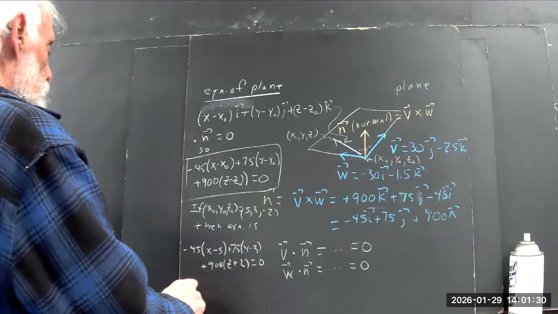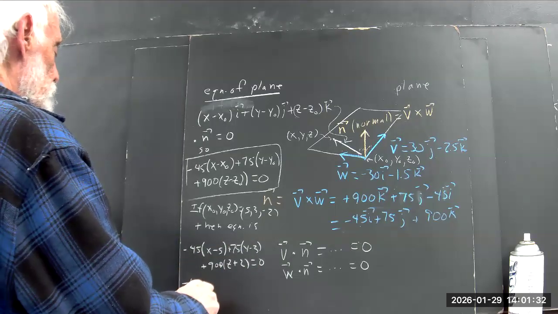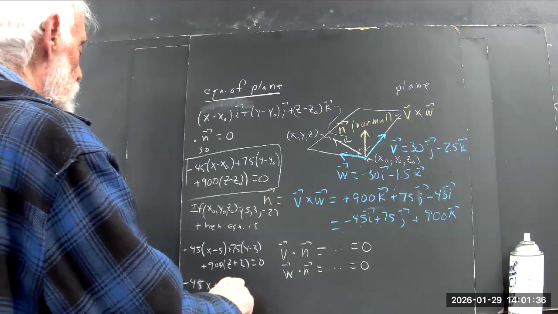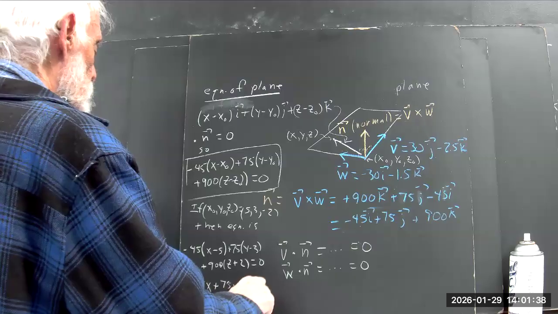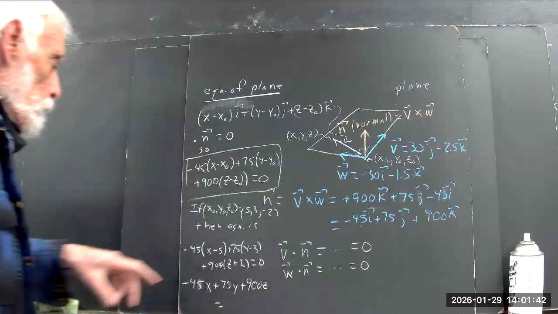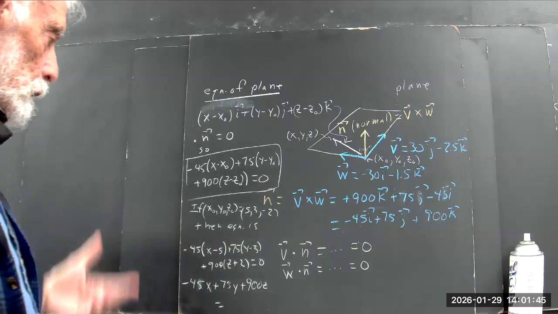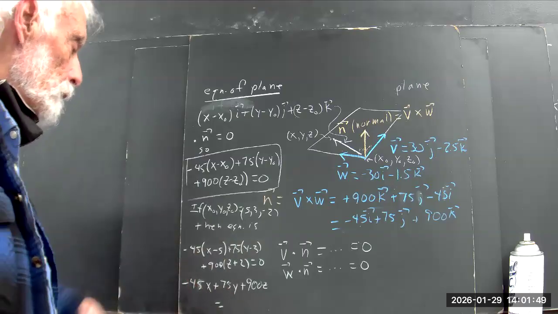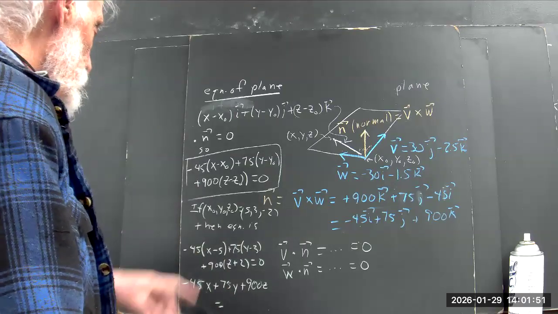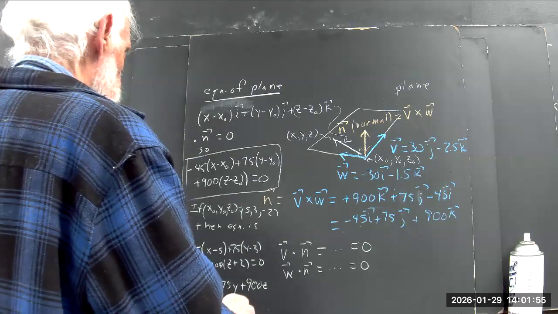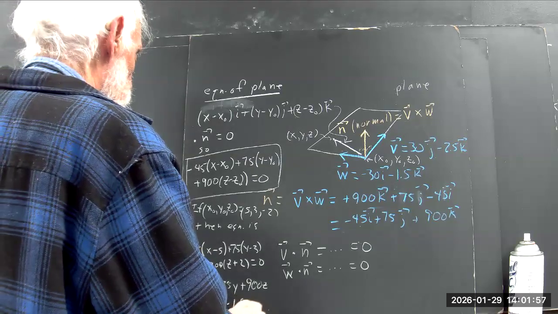And then if I multiply things out, that's negative 45x plus 75y plus 900z equals what? Well, 45 times 5 is 225. 75 times 3 is negative 225. 900 times 2 is negative 1800. So I think that comes out negative 1800.